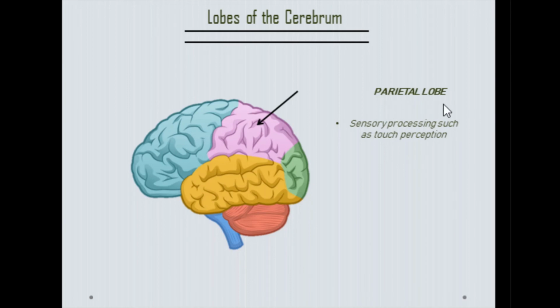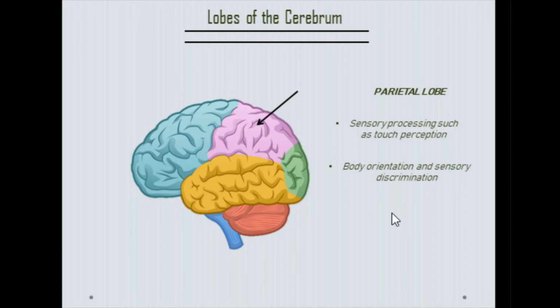Parietal lobe. Another function is for body orientation and sensory discrimination. So in short, parietal lobe functions for sensory processing.